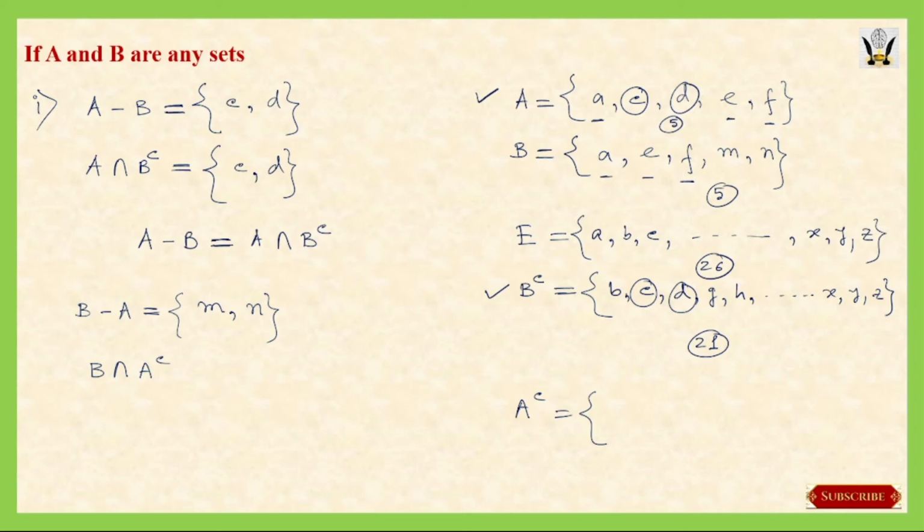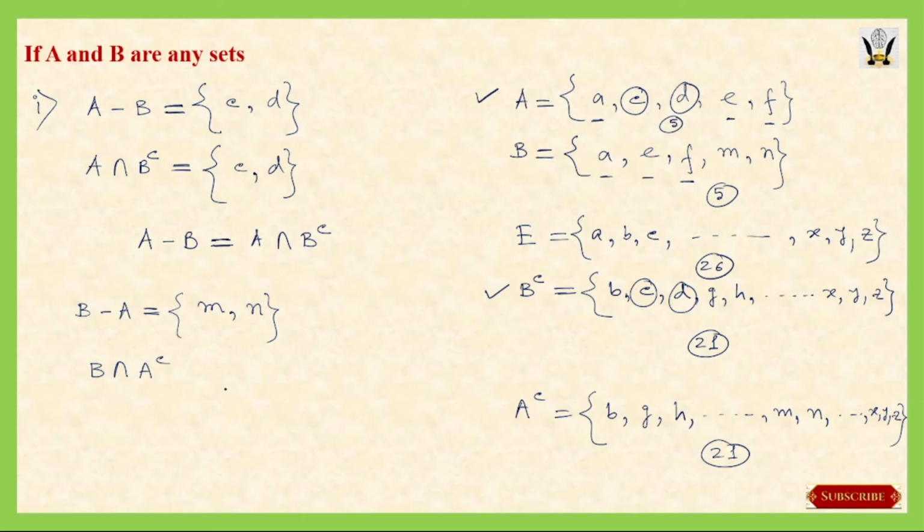So we will exclude A, then we will include B, we will not include C, D, then also E, F, then it will have G, then H, and all other elements, then M it will have, then N it will have, then finally X, Y, and Z. So these will be the elements of A complement, and here also we'll have 21 elements. As A has 5 and the universal set has 26, so 26 minus 5, it will have 21 elements.